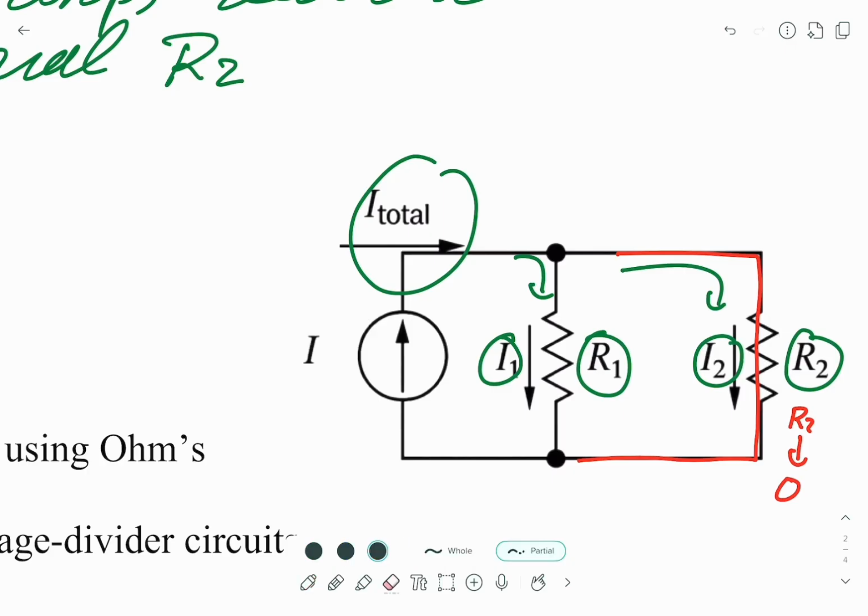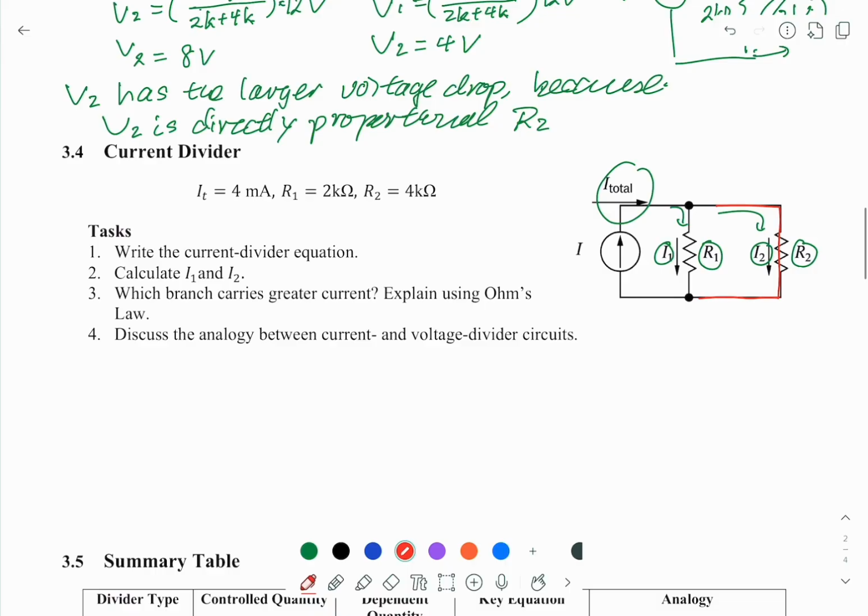So we have a slightly different formula. This formula says the current I1 which passes through R1 is again proportional to the total current I. Now the proportional constant is again related to R1 and R2. The denominator is R1 plus R2.